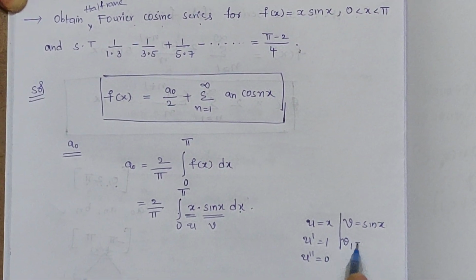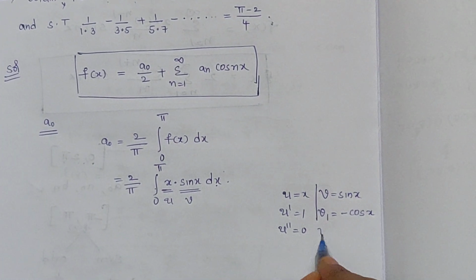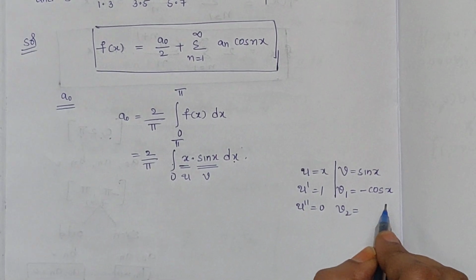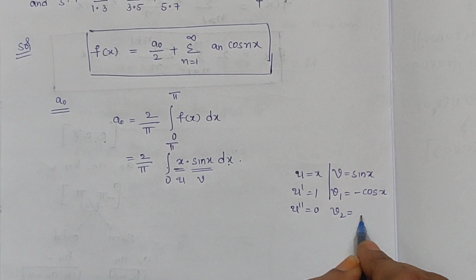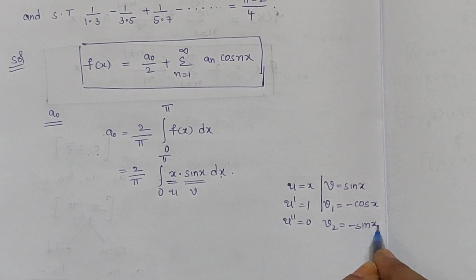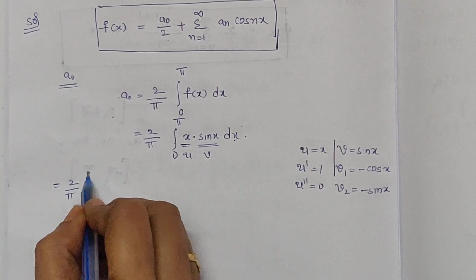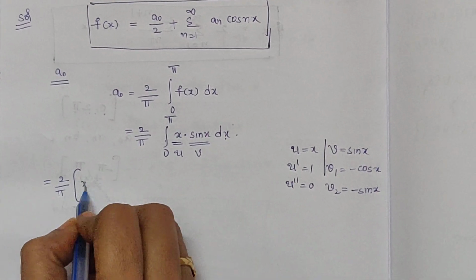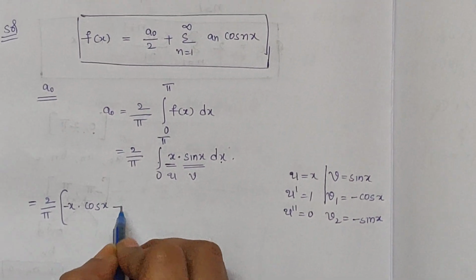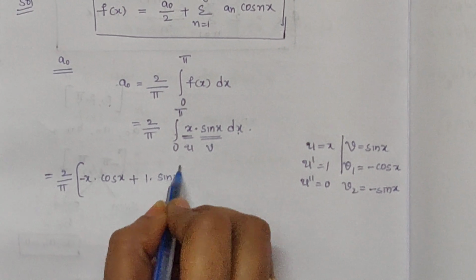For v, the integrations: v1 equals minus cos x, v2 equals minus sin x. So by keeping the formula in mind, 2 by pi [u v1, that is x into minus cos x, minus u dash v2, that is minus sin x].